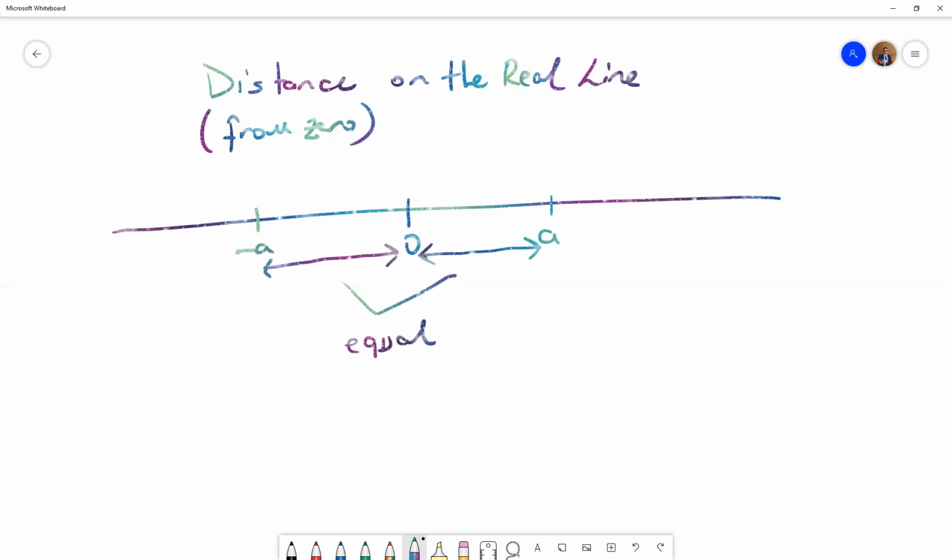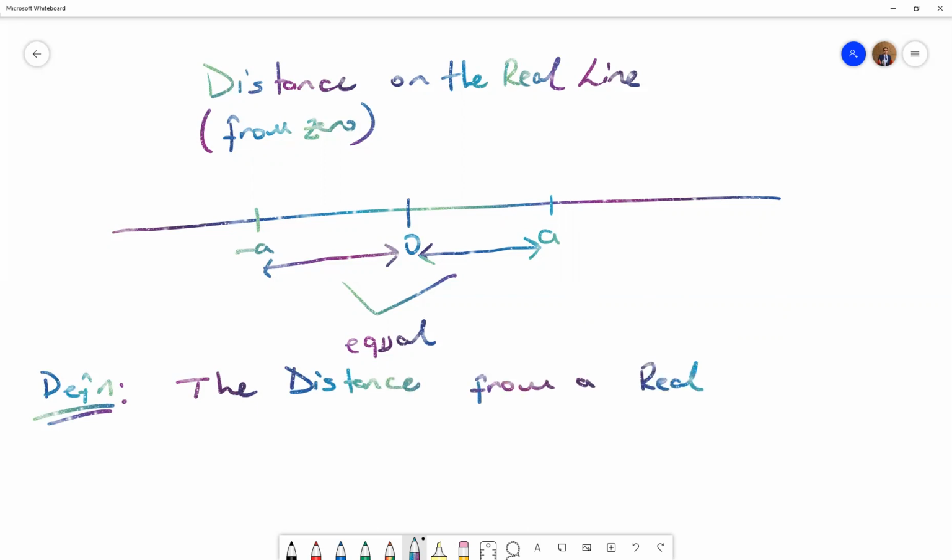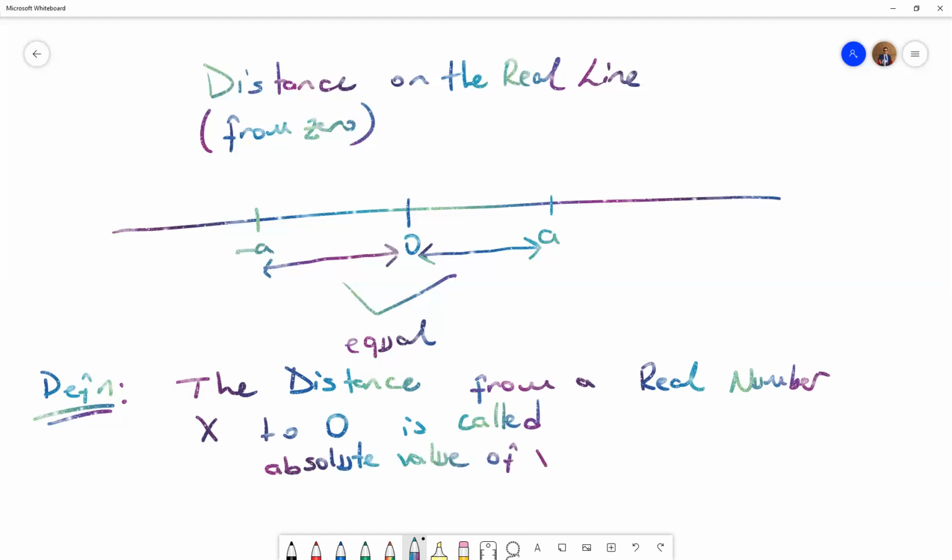So we can give a definition for this one. Definition like that. The distance from a real number x to 0 is called, you know this term, the absolute value of x.